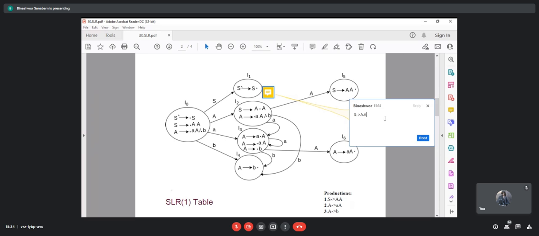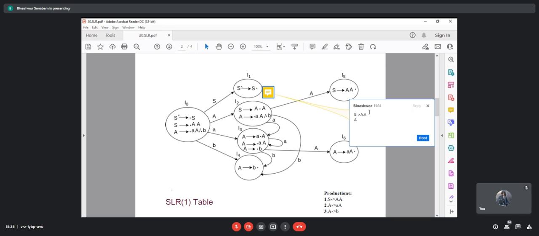Once you have this dot in the next after the variable, it becomes this. Still we have to carry out the closure function as after dot there is some symbol. Okay. So after dot we have A, so we're going to bring this A implies dot a with the letter A slash dot b. Okay.